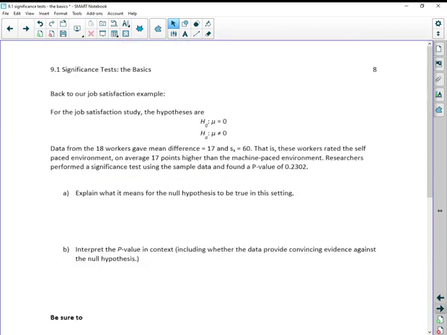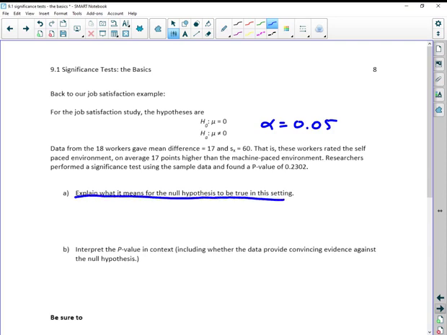Okay, for our job satisfaction study, we were testing this null and this alternative. We're testing the null actually. And then since there's no alpha level given in this problem, we'll use it at the 0.05 level. Explain what it means for the null hypothesis to be true in this setting.